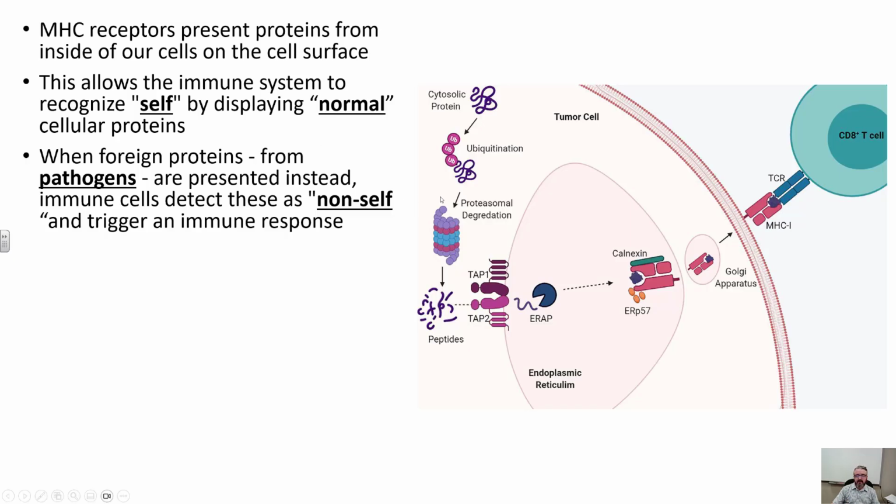And what's happening is that these cells in your body are taking proteins that are part of your normal body function, and they're displaying them on the surface of the cell and kind of telling the T cells what to think of as normal. And if we then have some kind of foreign pathogen, especially a virus in particular, viruses tend to infect cells internally.